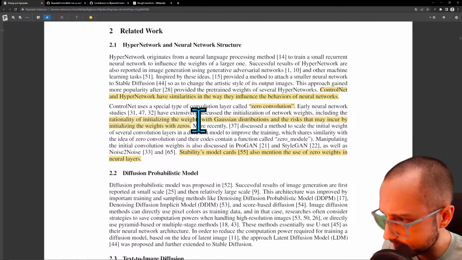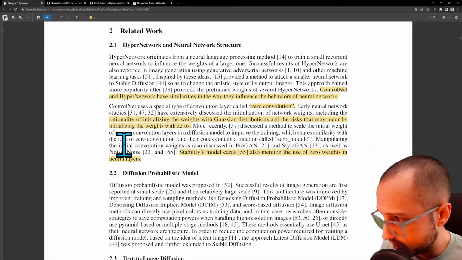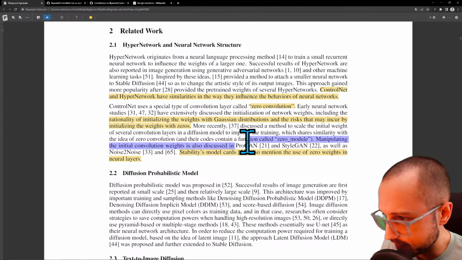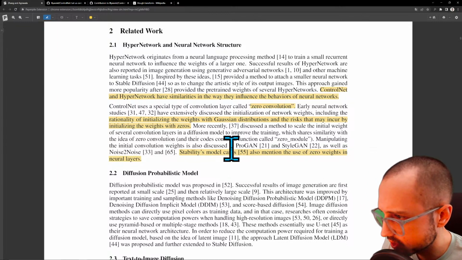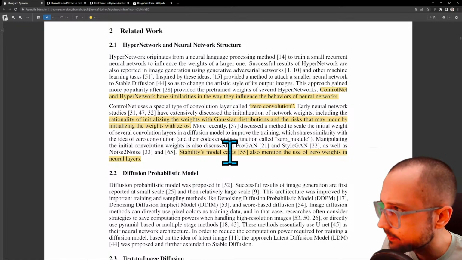Maybe that the initialization has been kind of a point of contention in a bunch of these different models, right? It seems like during the GAN era, people were messing with it. It seems like people have been messing with it for these diffusion models as well. So I don't know, maybe there's something to rethinking about how we initialize neural networks.